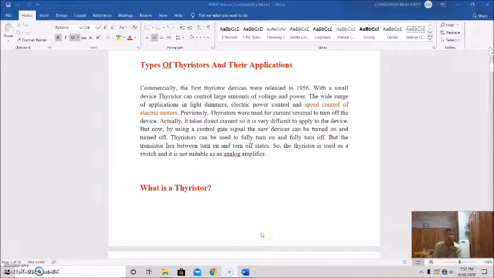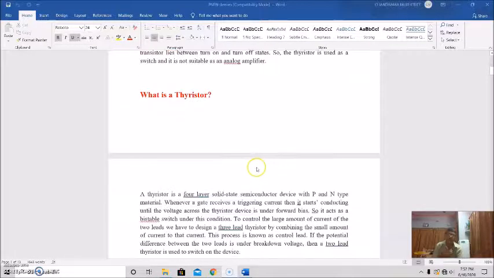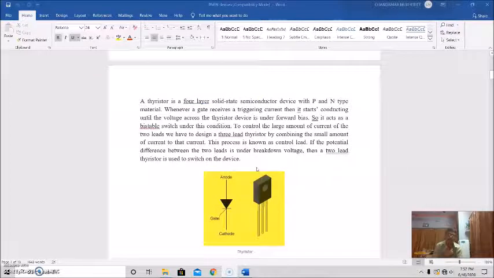So, with this introduction of thyristors, now we can say what a thyristor is. It is a 4-layer solid-state semiconductor device with P and N-type material, PNPN. Whenever the gate receives a triggering signal or gate current, it starts conducting as long as the voltage across the thyristor is under forward bias, so it acts as a bistable switch.